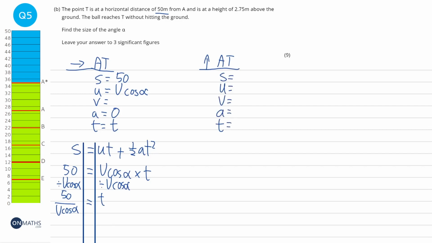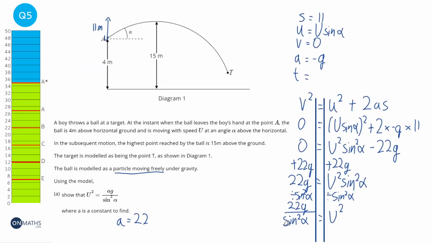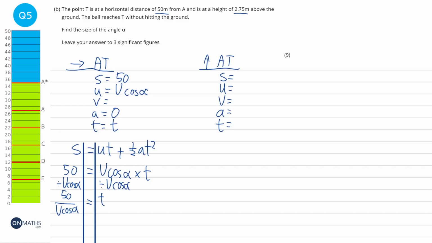Okay, so we're told that the height of T is 2.75, but looking back at the diagram, A is 4 meters off the ground. So it's gone from 4 meters high and it's gone down to 2.75, so that's gone down 1.25 meters. U obviously is u sine alpha because it's a vertical component. V we're not interested. Again, A is minus g from the previous question, and T is what we're trying to find.